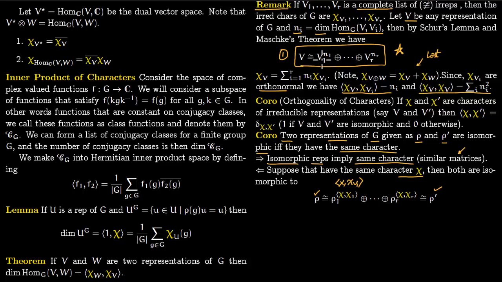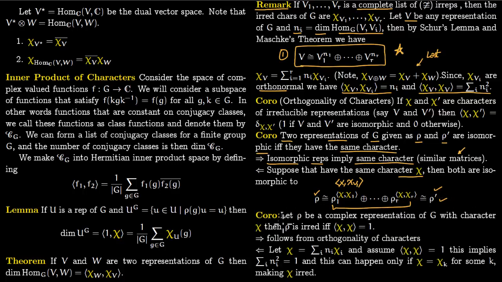So rho 1 is v1, this is n1, rho r becomes vr, this becomes nr, and both rho and rho prime, which you can think of as vector spaces, decompose like this. So rho prime will decompose like this, rho will decompose like this, and therefore both of them are equal.